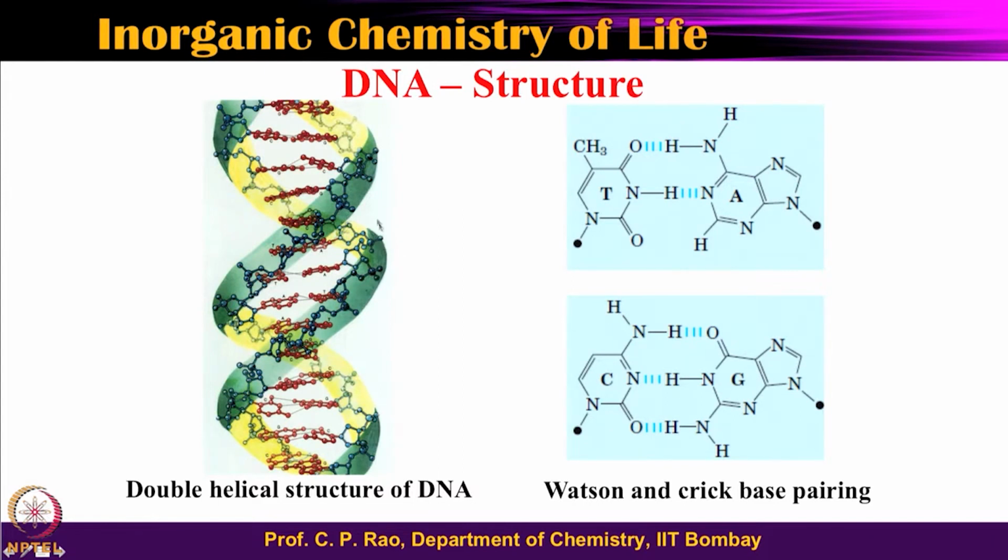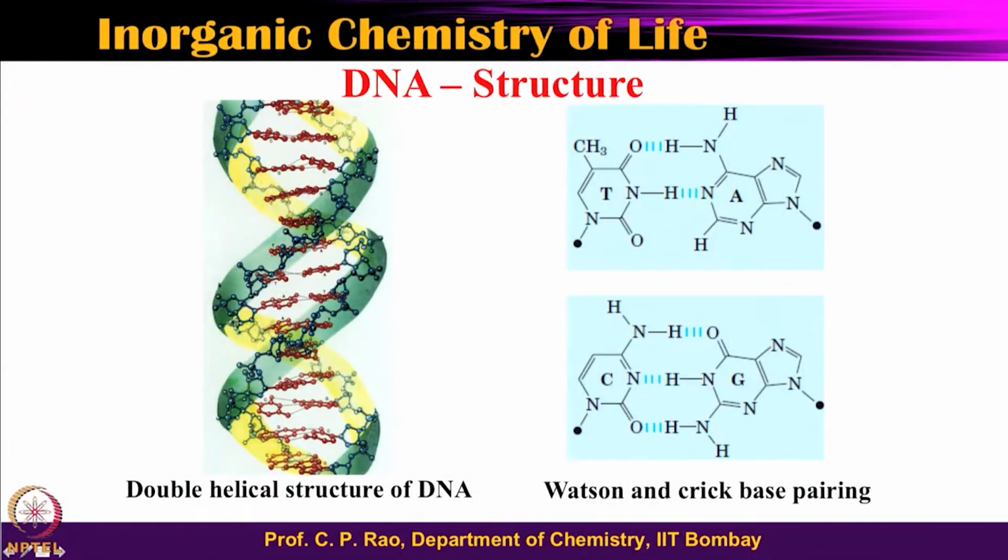The helical structure that you have here basically talks about the backbone. Backbone is nothing but the phosphate and sugar, and anchored onto that are the bases. You see, these red ones are the bases. So, this is one strand and this is the other strand. So, there are two strands, and in between there are bases.